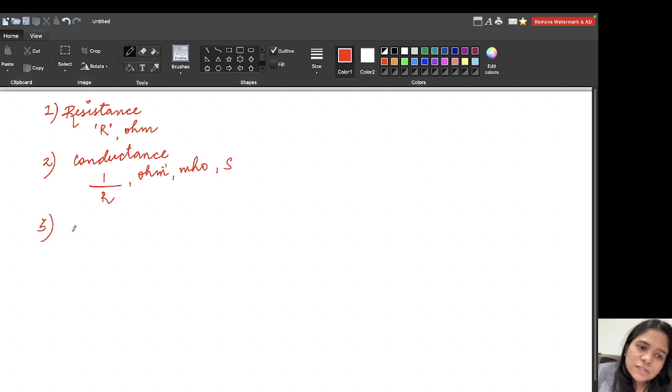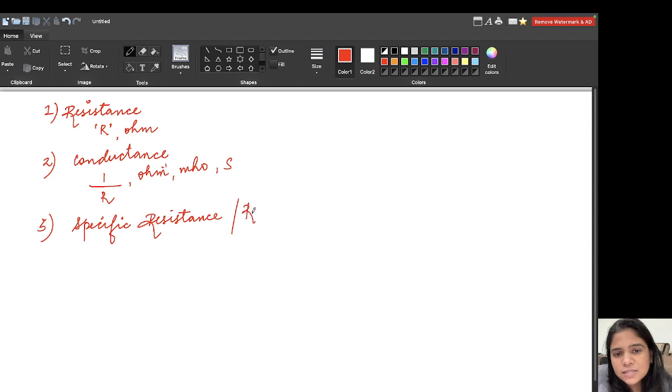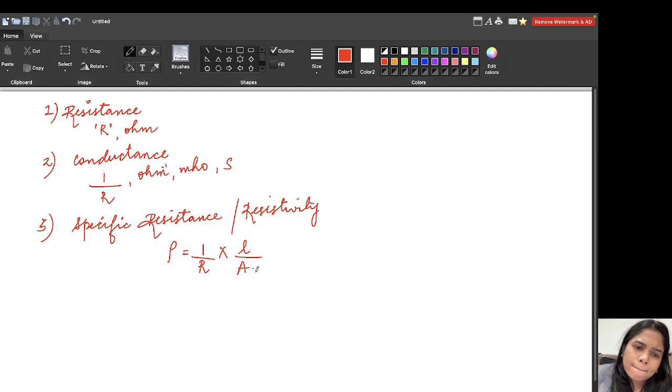The third thing which we studied was specific resistance, which is also called resistivity. It's represented by rho. Rho is equal to R into A upon L. I think R will come above, right?